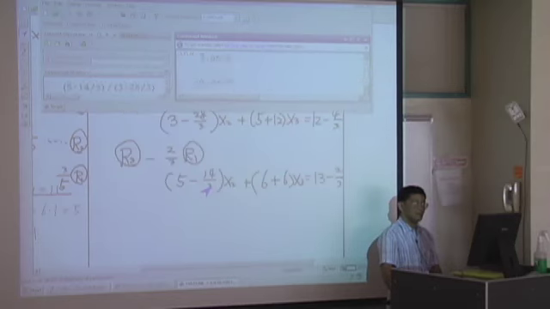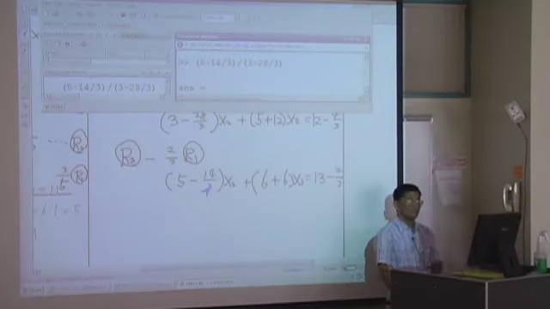Do you know how to do fraction representation of this kind of thing?